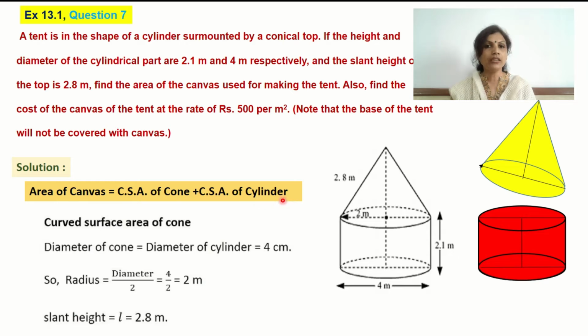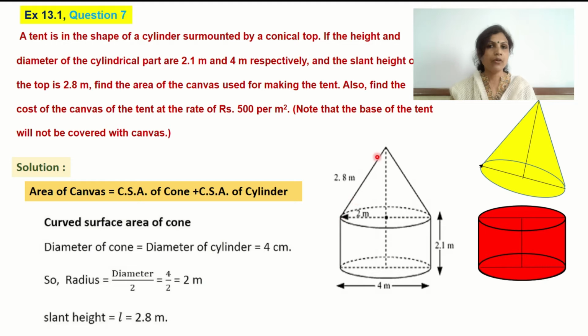So let's quickly draw the figure for the sum and write down the measurements. We are given that the diameter of the cylinder is 4 meter and the height is 2.1 meter. We are also given the slant height of the cone as 2.8 meter.